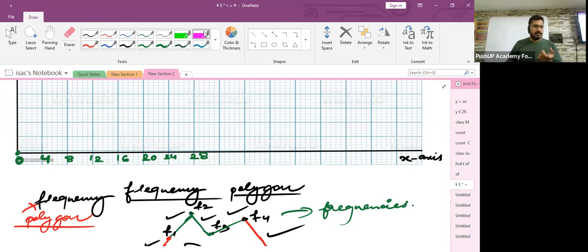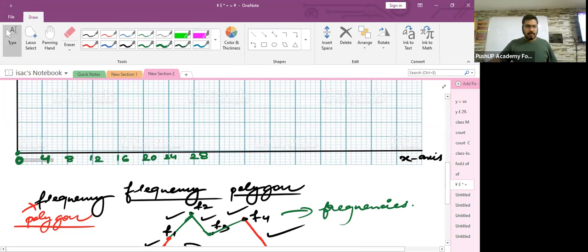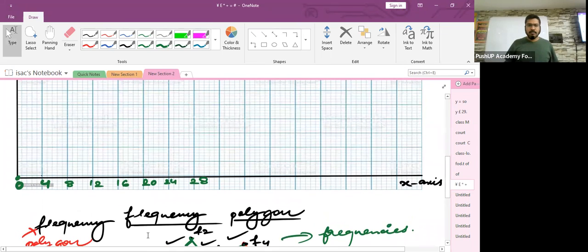Just a minute. 0 to 4. Pay attention. So if you notice, 0 to 4 is the first class interval. 4 to 8 is the second class interval. 8 to 12, third one. 12 to 16, 16 to 20, 20 to 24, 24 to 28.